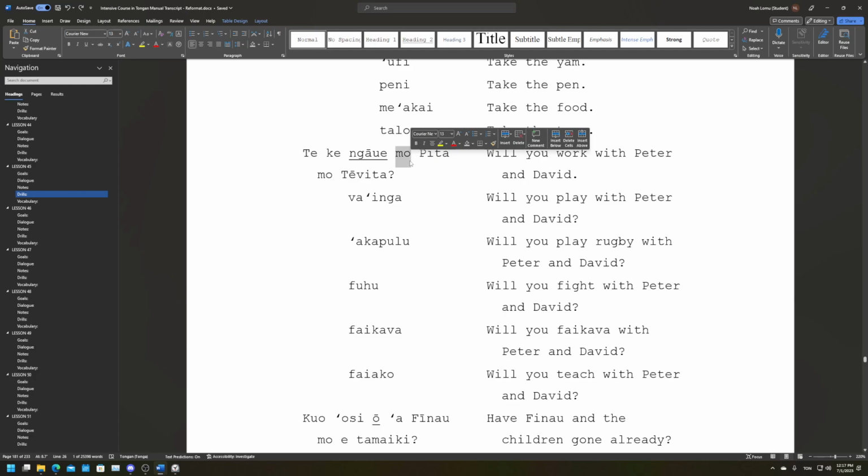So it seems like this is with and this is and. But I mean, fundamentally, these are exactly the same mo, right? In Tongan.